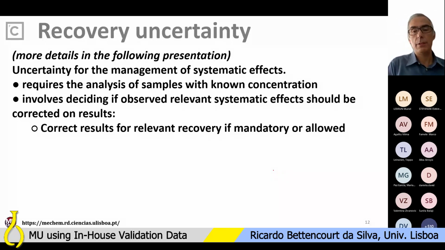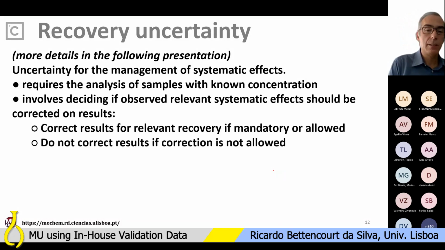If you are allowed, I would say you should do it, because typically it will improve your estimate. But in some fields, you are not allowed to correct the results for recovery, and you have to assess how this impacts your uncertainty.